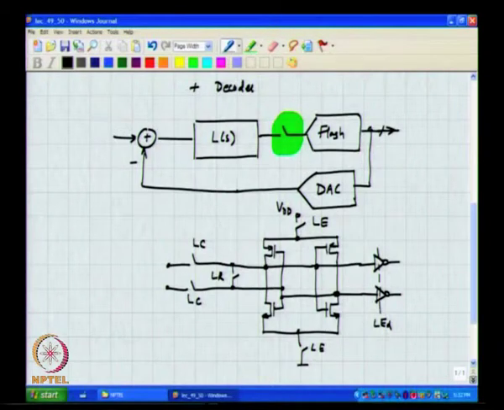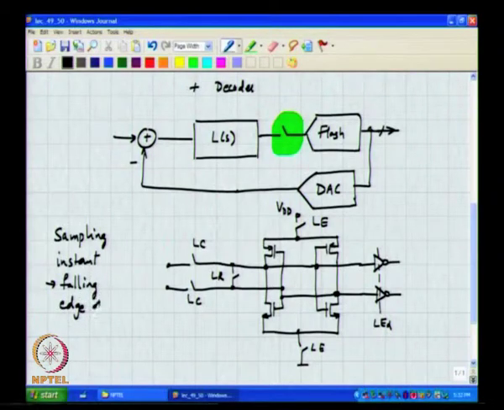Okay. So, this way the sampling instant is the falling edge of LC, okay.